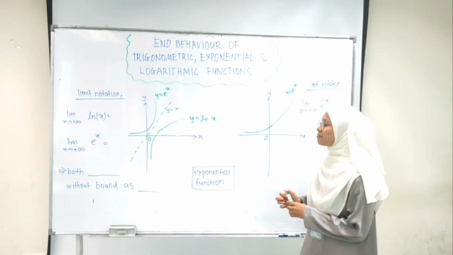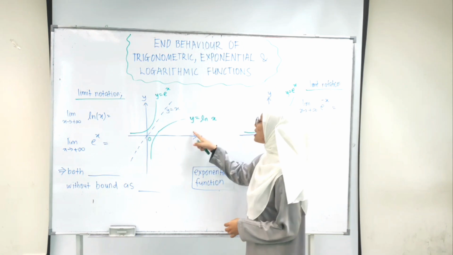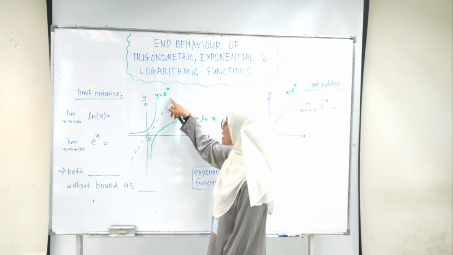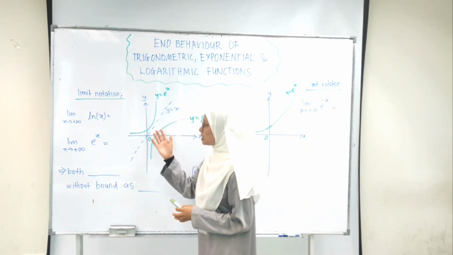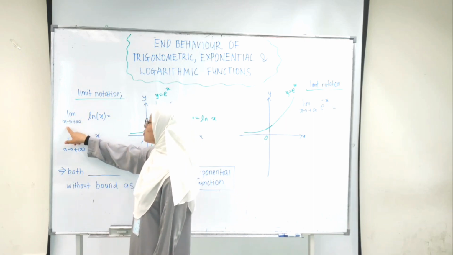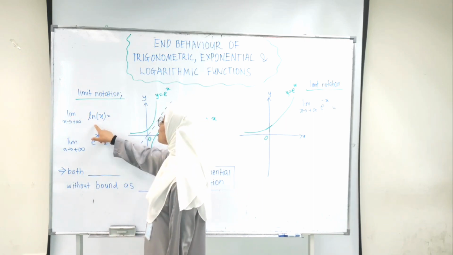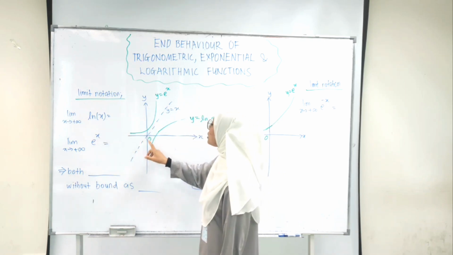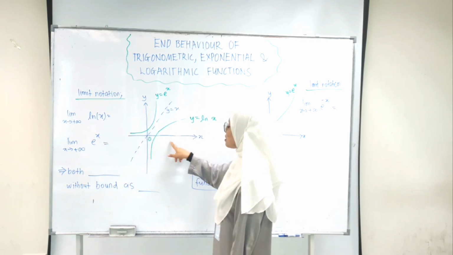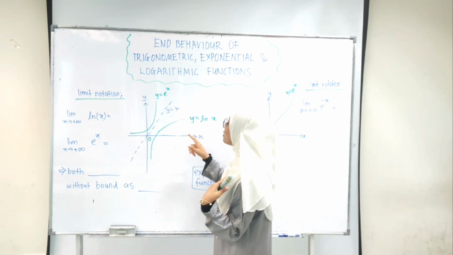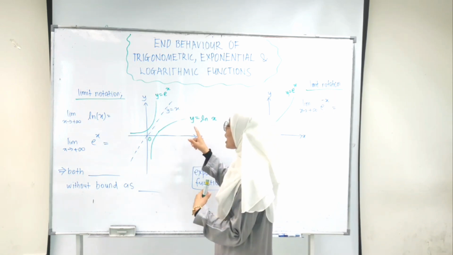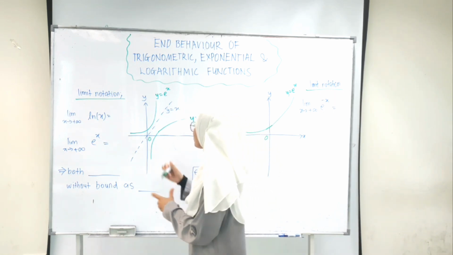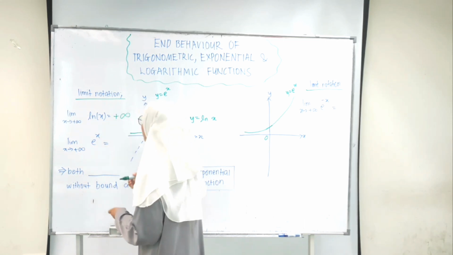Okay, for the logarithmic and exponential functions, here we have the graph of y equals ln x and y equals e^x. For the limit as x approaches positive infinity of ln x, when x is approaching positive infinity to the right, the graph goes upward and the answer will be positive infinity.